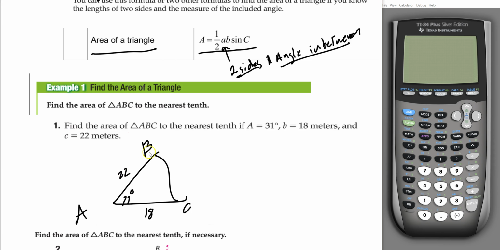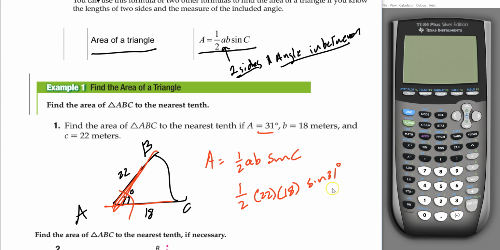Notice I have 2 sides and the angle in between. So I use the area of a triangle formula, 1/2 ab sine C. Again, the letters don't mean a thing, just 1/2 the 2 sides, 22 and 18, and then sine of the angle in between, which in this case is 31 degrees, which you couldn't tell by how badly I wrote that.